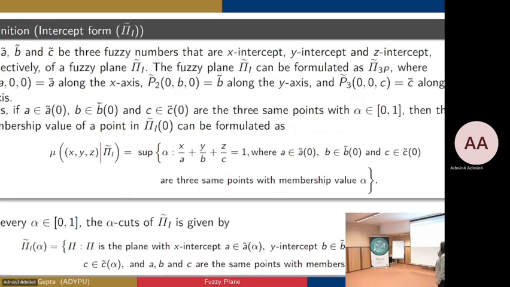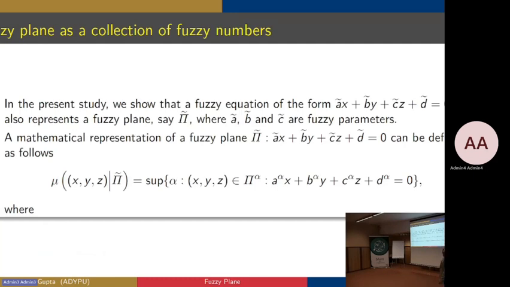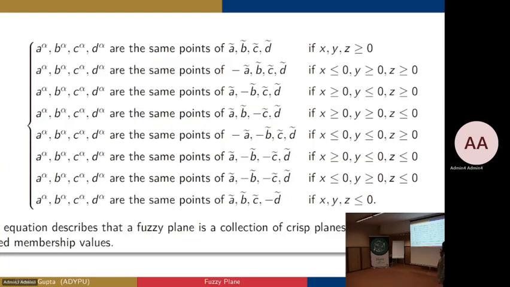Okay. So now, how can we see a fuzzy plane as a collection of fuzzy numbers? First we see that an equation of this form is a fuzzy linear equation. This can also be seen as a fuzzy plane, and this equation can be seen as a collection of fuzzy numbers. This is how we can define a fuzzy plane when a fuzzy linear equation is given.